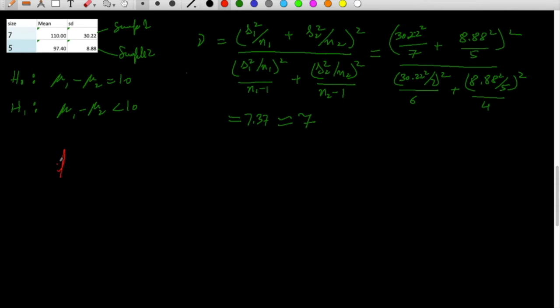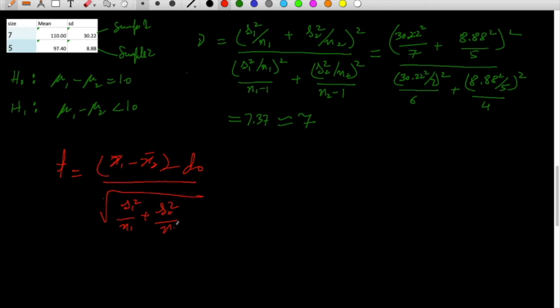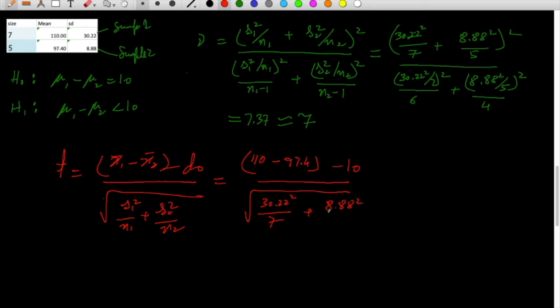We will calculate the value of t as x1 bar minus x2 bar minus d0 upon the square root of S1 square upon N1 plus S2 square upon N2. That is 97.4 minus 10 over the square root of 30.22 square upon 7 plus 8.88 square upon 5.